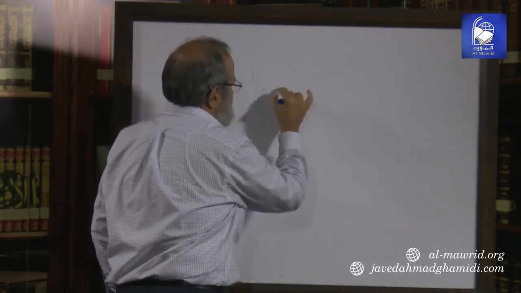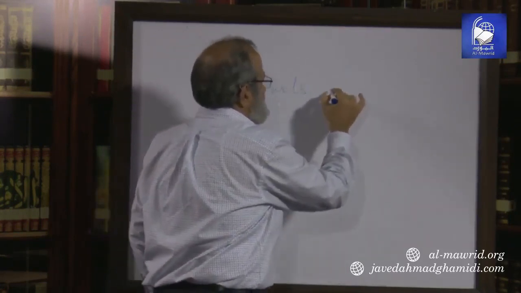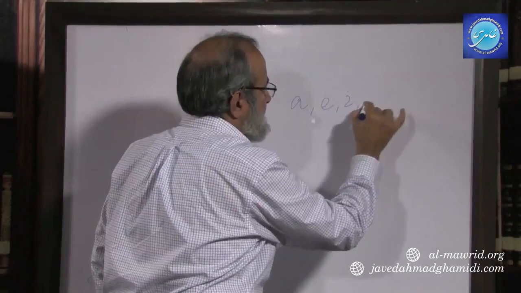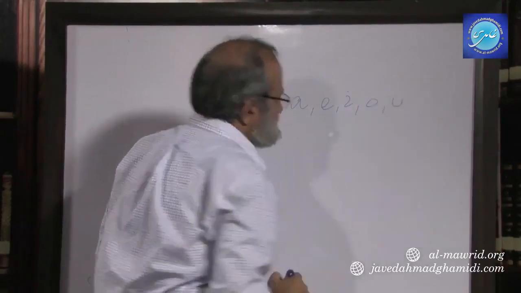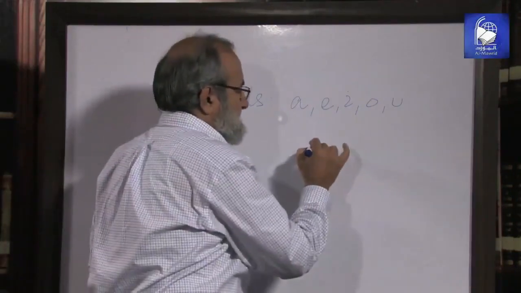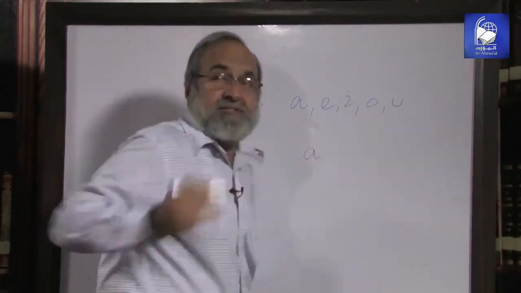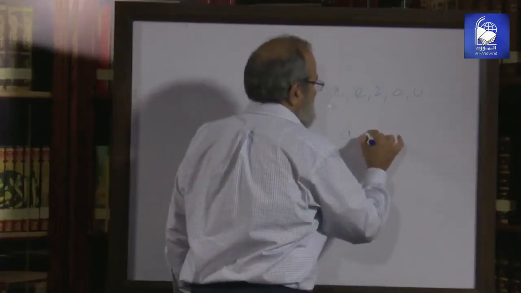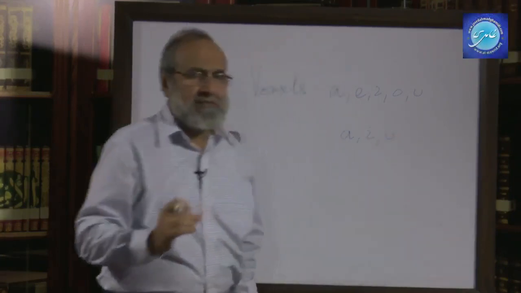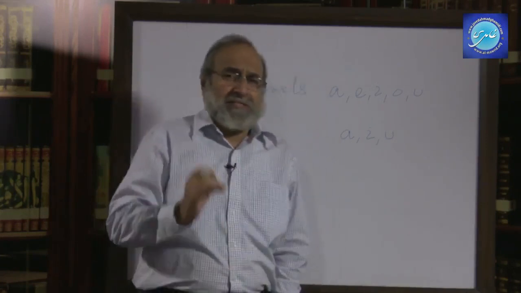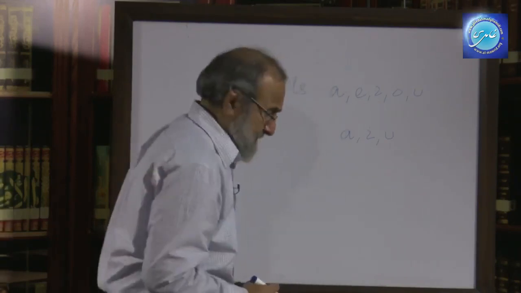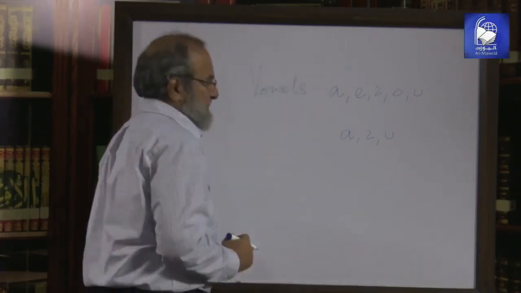The English vowels are A, E, I, O, U. In Arabic, interestingly, we have A, well, that is the equivalent of A, the equivalent of I, and the equivalent of U. So, as if systematically, the second and the fourth vowel in English have been removed as far as their usefulness for Arabic vowels is concerned.